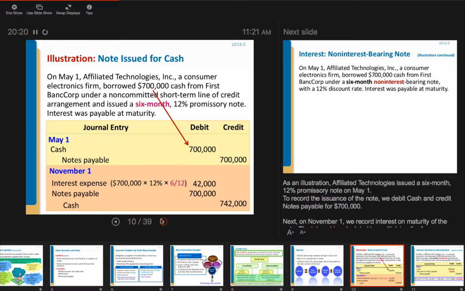So instead of using a full 12% times 700,000, you're really using 6%. They have it written out according to their formula, but in actuality, what you're doing is taking the annual rate and dividing it by the portion of 1 year that has elapsed.